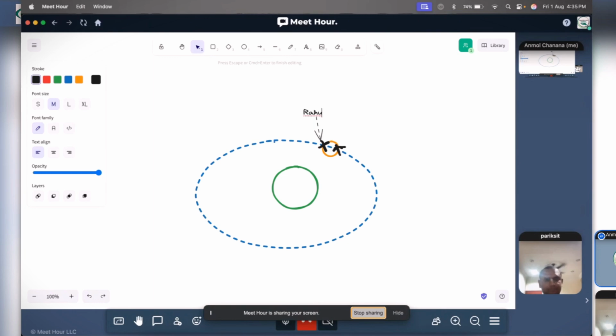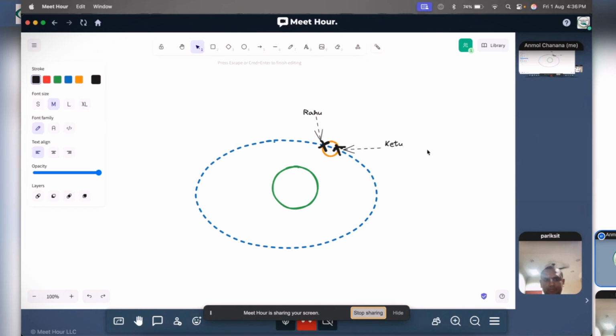and from the south, this intersection is your Ketu. So Rahu and Ketu are also known as mathematical points, calculated points, or you can also say they are shadow planets. They don't exist physically, but these points have a lot of impact in your life, in your chart.